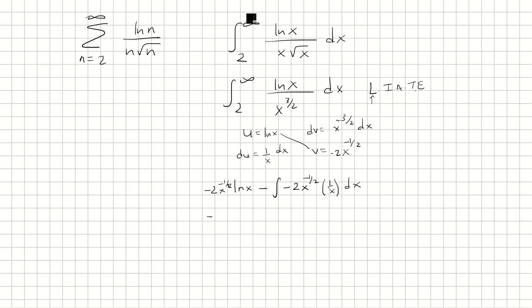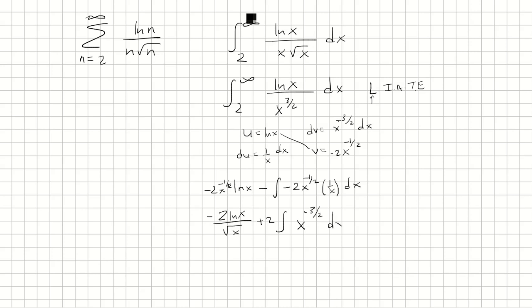I'm going to simplify this, so this is negative 2, and I'm going to have square root of x on the bottom like that, and then the two negatives will make it positive, and then the 2 comes outside. We have x to negative 1/2 times 1 over x. 1 over x is x to the negative first power, so that's x to negative 1/2 times x to negative 1, which is x to negative 3/2.